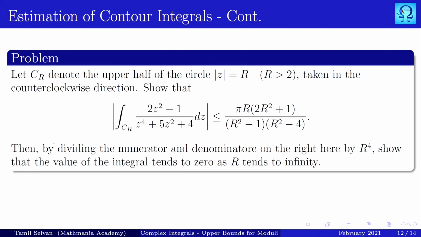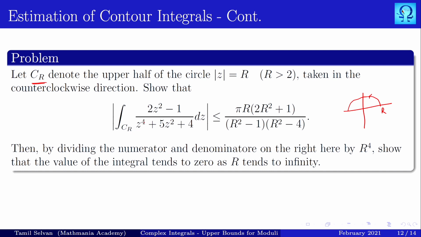The next problem that we are going to see tells that CR is the upper half of the circle. We don't know with what radius we are going to take the circle, but we are just going to consider the upper half of the circle, in the counterclockwise direction as they have specified. So this is the direction. Let us take the radius of the semicircle to be r.